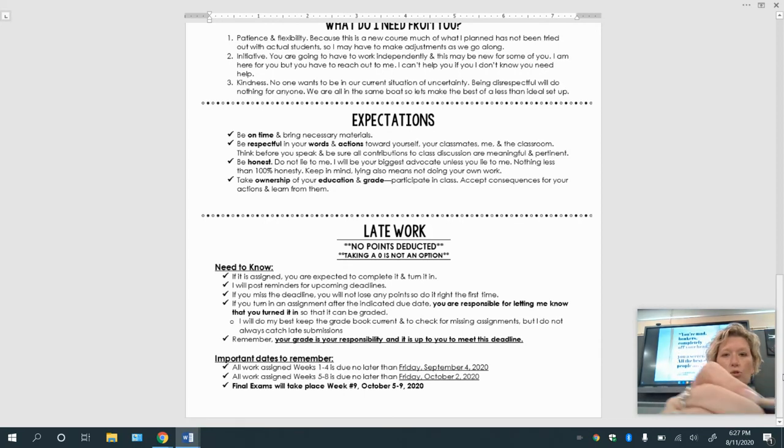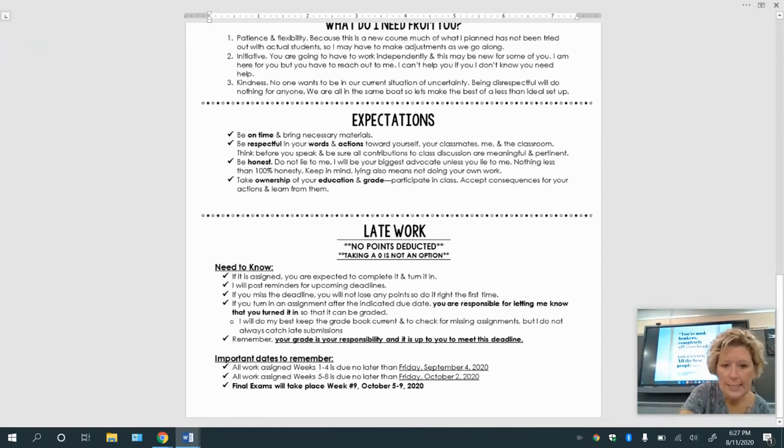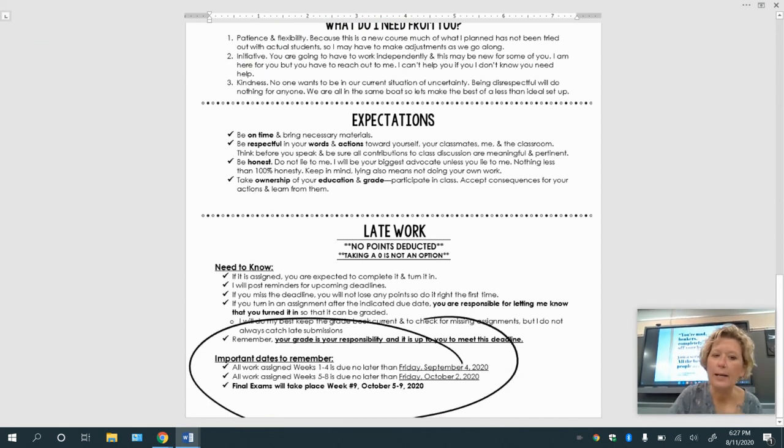Important dates to remember, okay? So take a look down here at the bottom. All work assigned between weeks 1 through 4 is due no later than Friday, September 4th at 4 o'clock. That means on September 5th, if you would like to turn in an assignment from those weeks, I will not accept it.